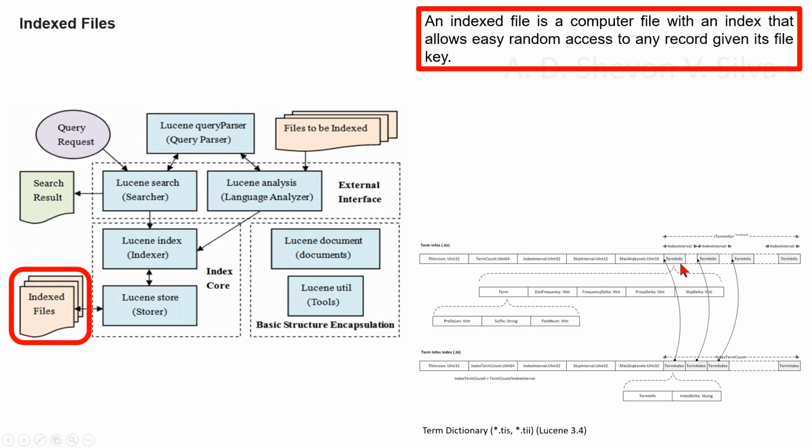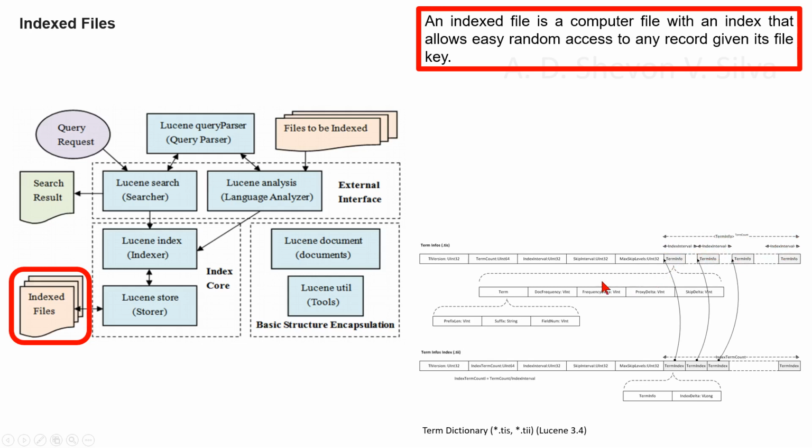Here term info, and then after the gap, term infos there. Here index intervals, one index interval here and then another index interval. Here this is the index interval. Here term infos, term count.